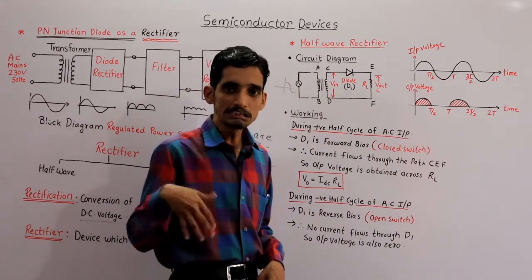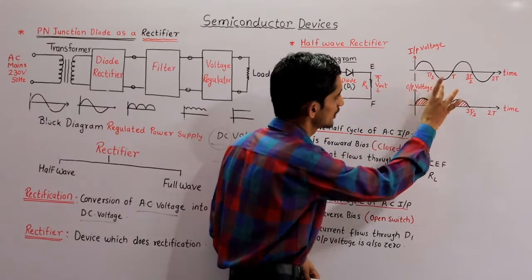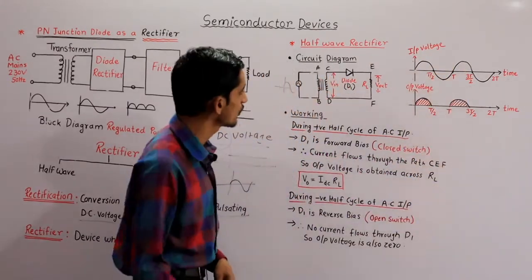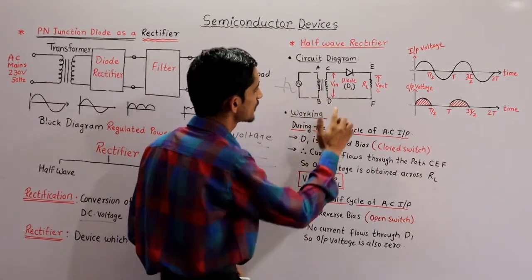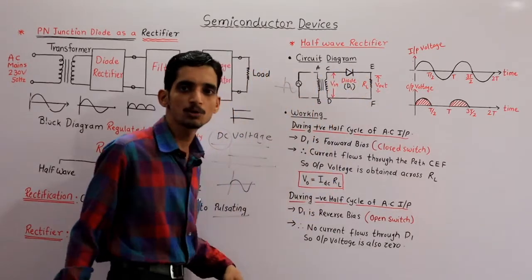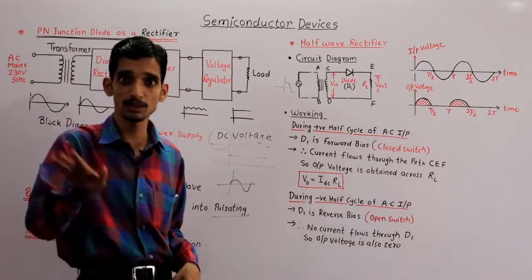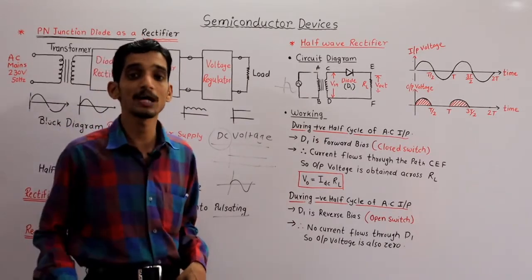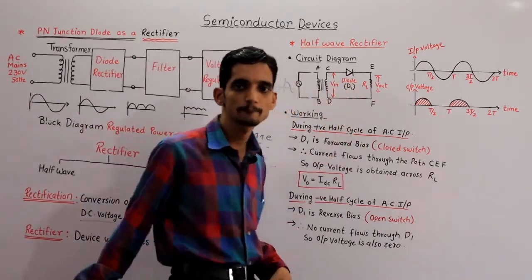Now, since input is changing continuously, once the first half cycle is over, during the next half cycle, the negative half cycle, the anode voltage is less than the cathode. So diode becomes reverse bias. And as you know, as the diode is reverse bias, it acts as open circuit.